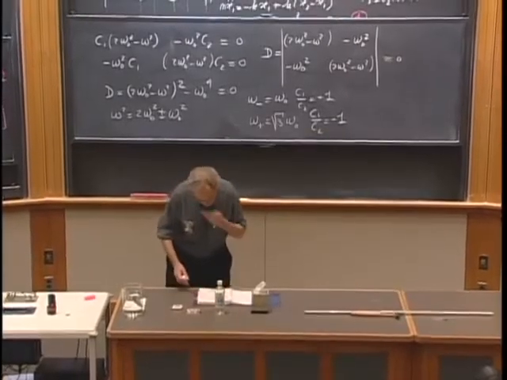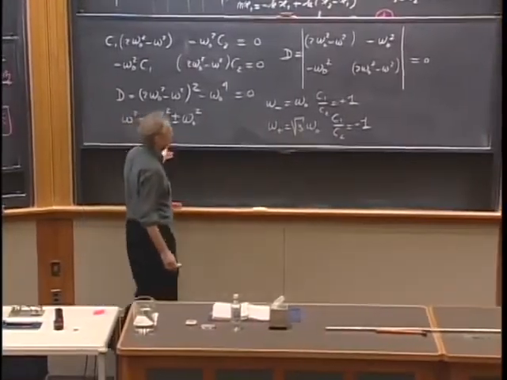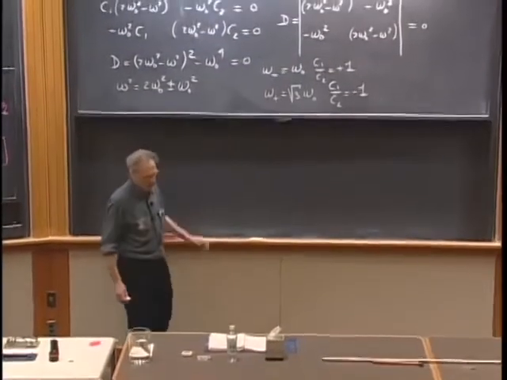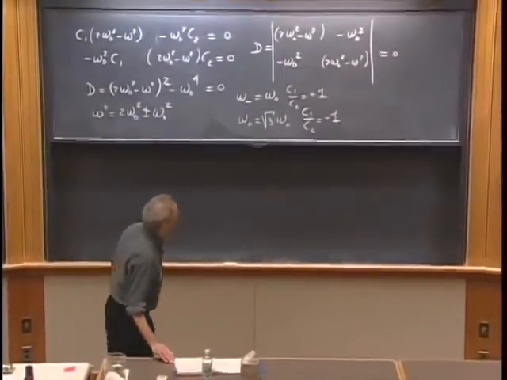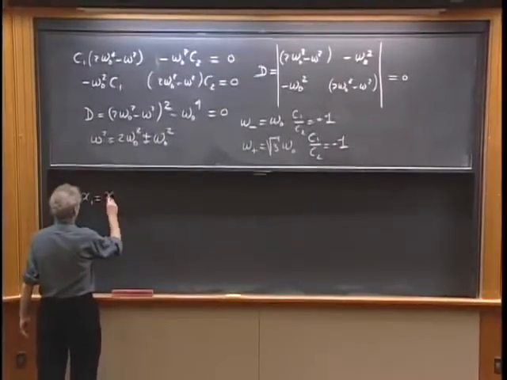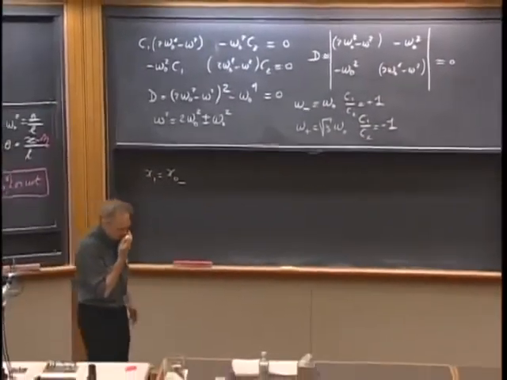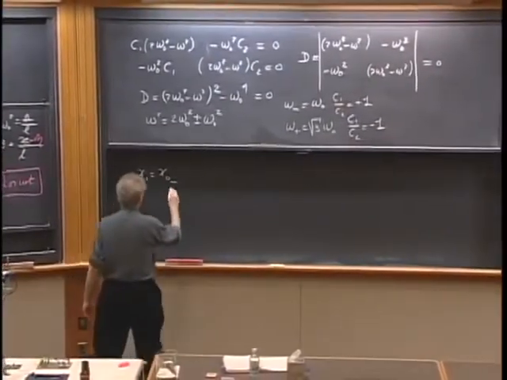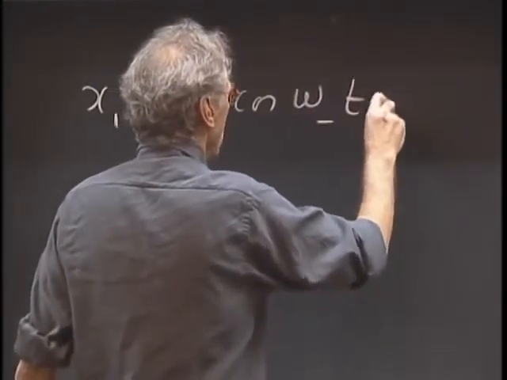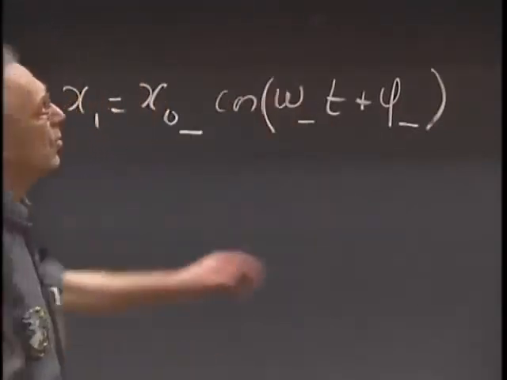So the general solution now for a given initial condition: if I give you the initial condition, then the general solution for x1 would be x0 minus, the minus makes reference to that lowest frequency, times the cosine omega minus t plus some phase angle minus. All these minus signs make reference to this mode.